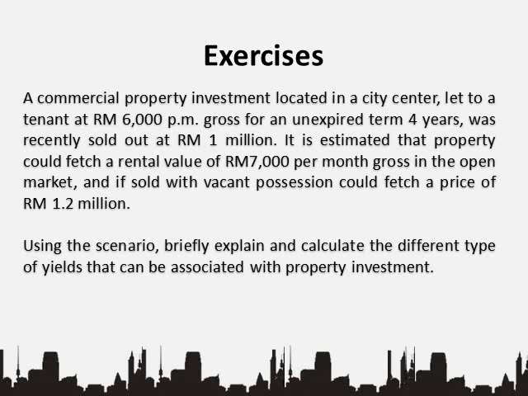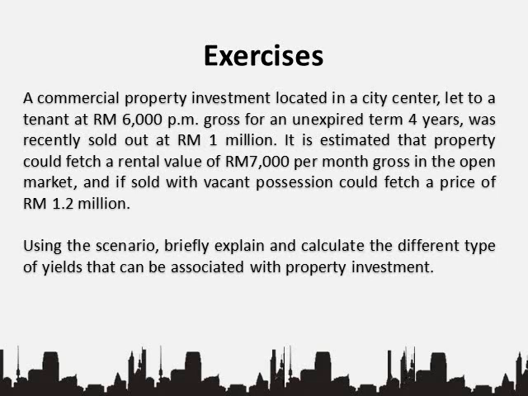So this is the exercise. Just to give you one exercise: a commercial property investment located in the city center, let to a tenant at 6,000 per month gross for an unexpired term of 4 years, was recently sold at around 1 million, and it is estimated that the property could fetch a rental value of 7,000 per month gross in the open market.